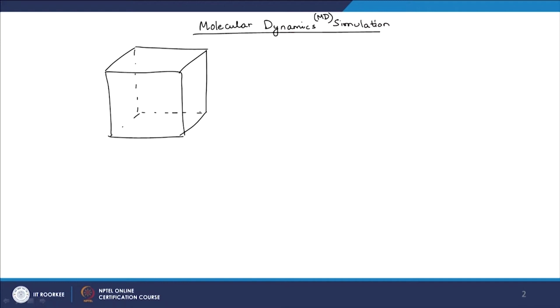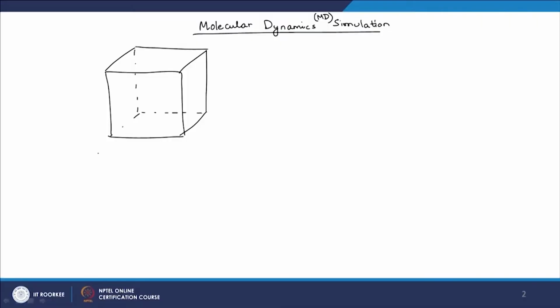And we assume that whatever we want to simulate, the collection of particles or the polymer chain, whatever we want to simulate, is contained within the simulation box, just like we did earlier for Monte Carlo simulation. So we assume say a polymer chain is contained in the simulation box.